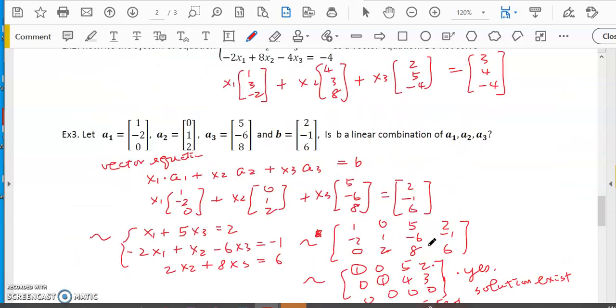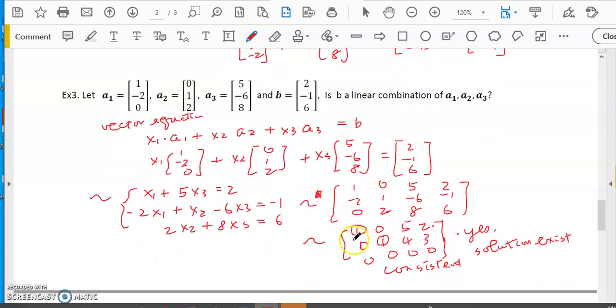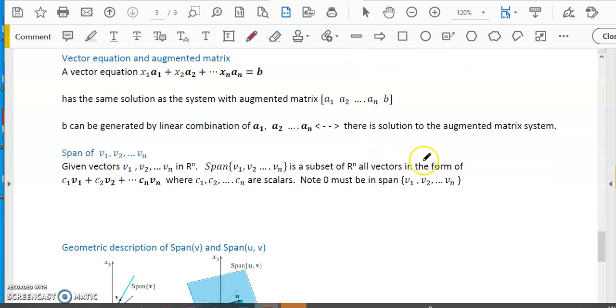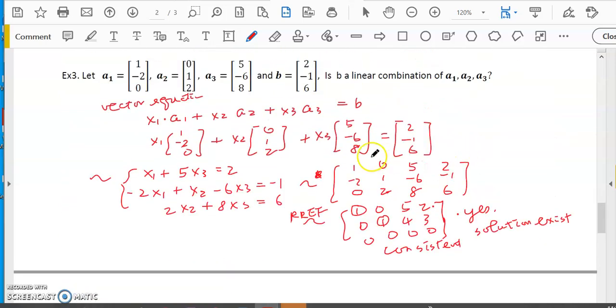So you can see how, using a system of equations and reduced row echelon form, RREF, you can find out if a vector is a linear combination of the other vectors. The way I solved it, I started with the vector equation, wrote the vectors out, made it into a system, and then made it into an augmented matrix. But I can actually skip those steps.